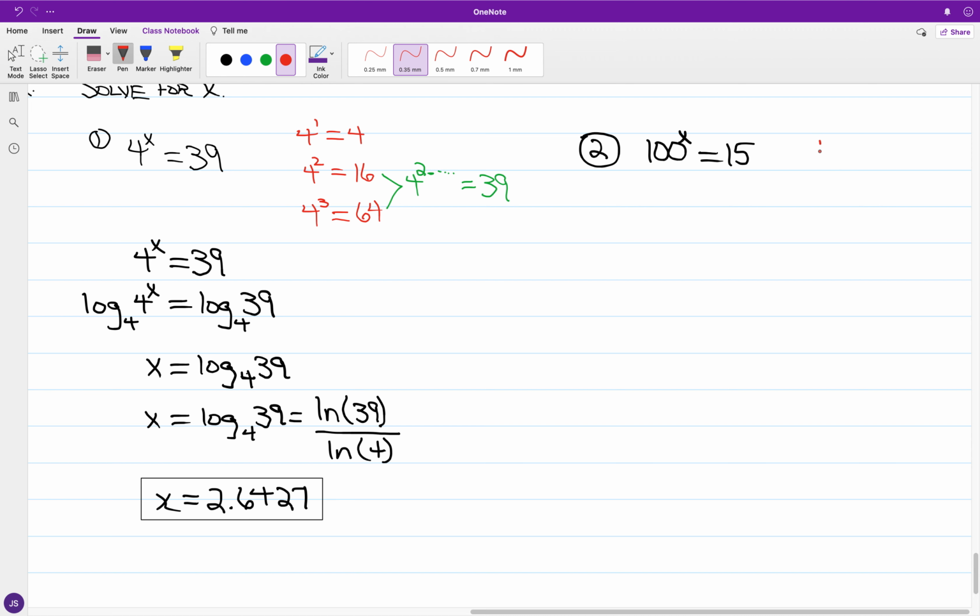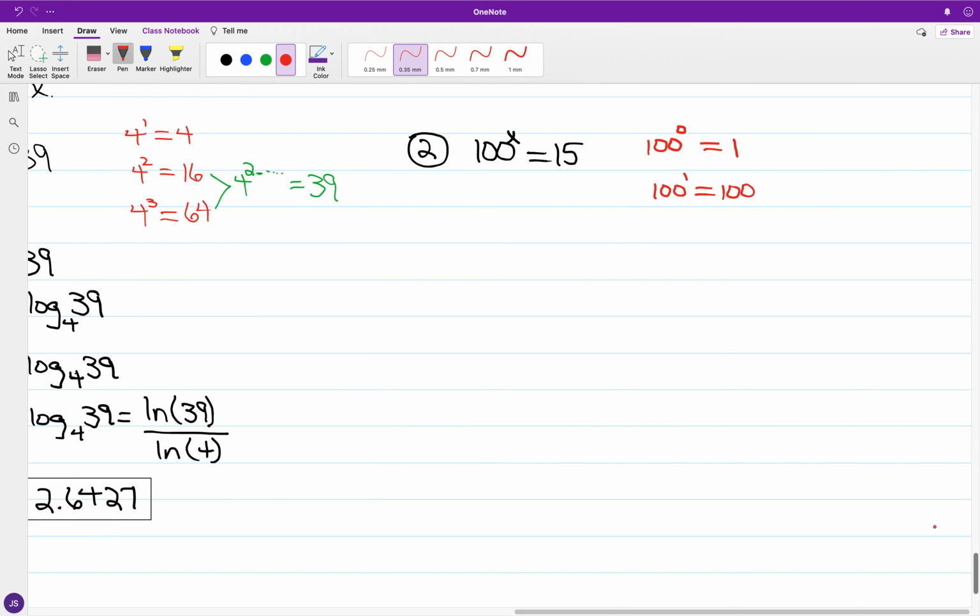If you have a non-zero number to the 0 power, that is equal to 1, so 100 to the 0 is 1, and 100 to the first is 100. In the case of 15, we have 100 to the 0 point something, some number greater than 0 but less than 1, is equal to 15.